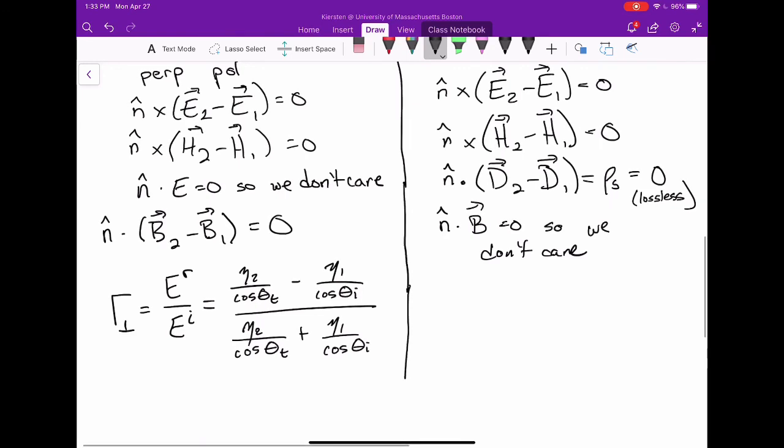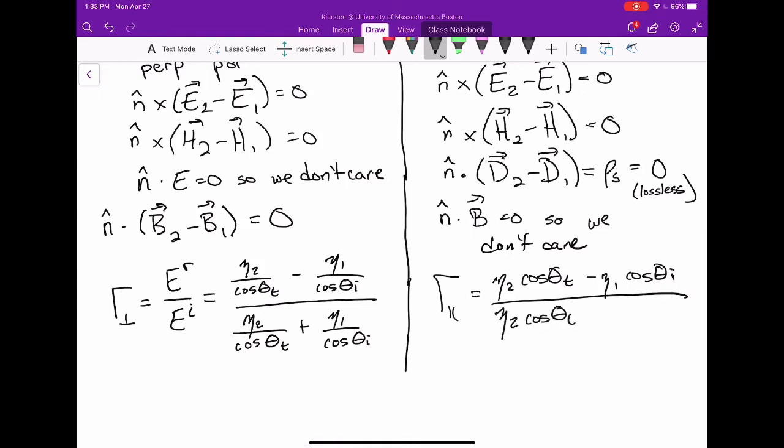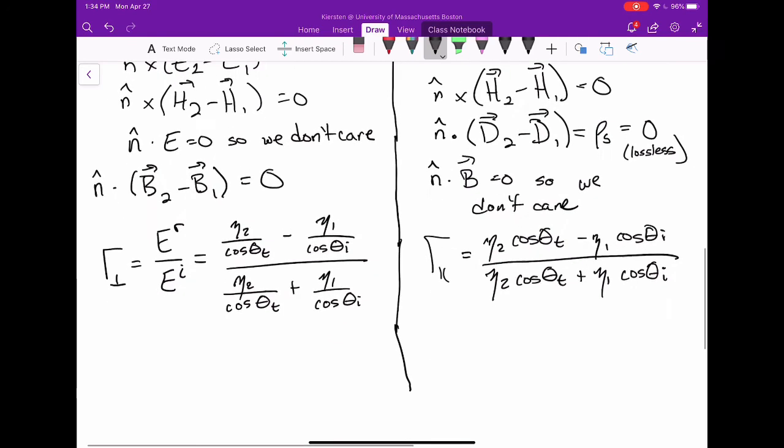And for the parallel polarization case, we have eta 2 cosine theta t minus eta 1 cosine theta i divided by eta 2 cosine theta t plus eta 1 cosine theta i. The transmission coefficients are made up similarly.